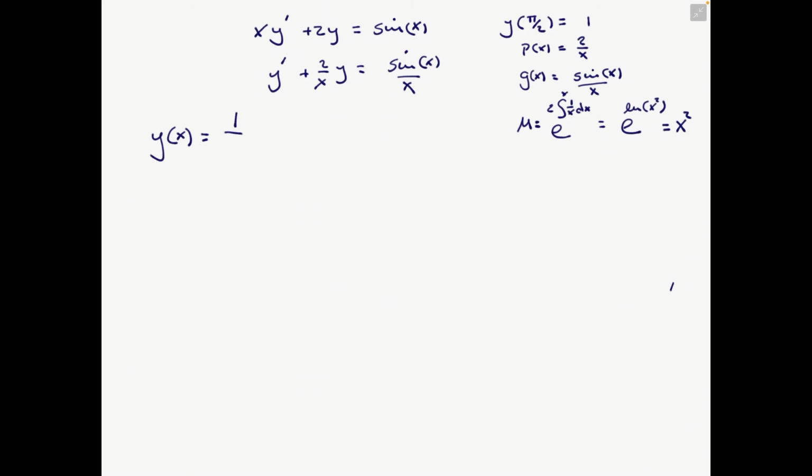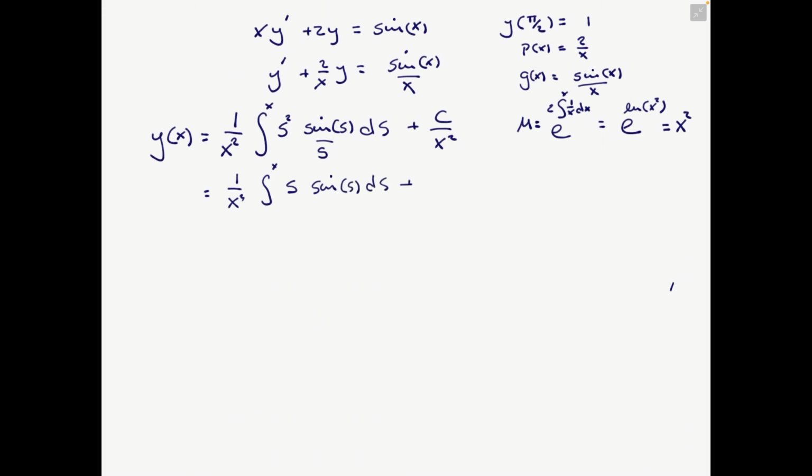So now we just apply our theorem for first order linear equations of this form: y of x equals 1 over x squared times the integral of s squared times sine s over s ds plus c over x squared. What we have here is an integration by parts: the integral of u dv equals uv minus the integral of v du.